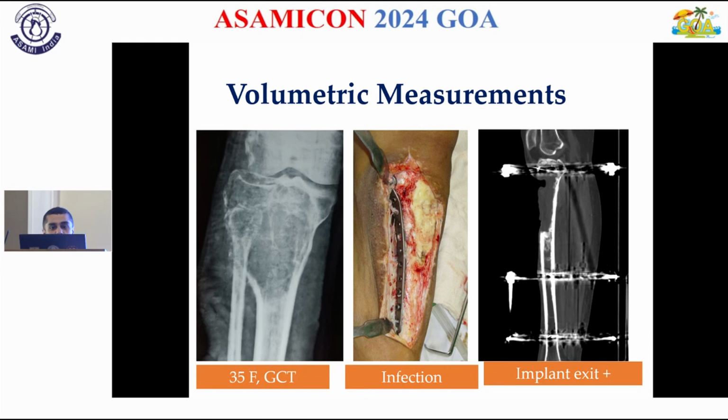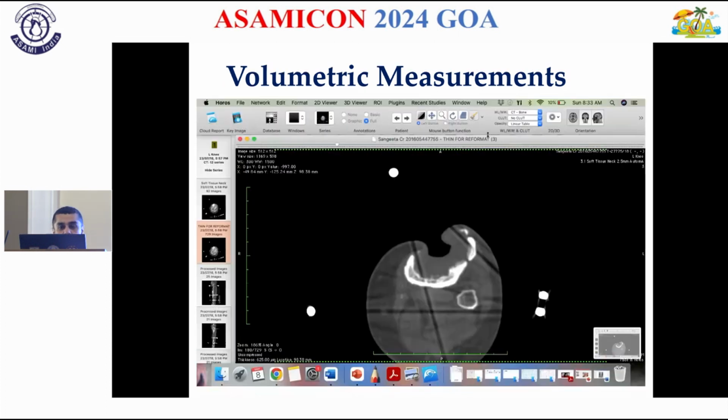This was a case of a giant cell tumor that got infected and was managed in an Ilizarov. We wanted to know how much graft or graft substitute you would need in this case once the infection settled down. Again, I use Horos extensively. It's also available in Radiant. This tool allows you to just mark out the defect.